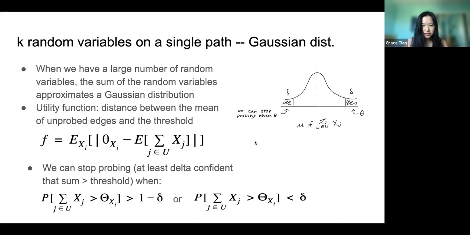So next we used the fact that when we have a large number of random variables, the sum of the random variables approximates a Gaussian distribution. For this, our utility function is the distance between the mean of the unprobed edges and the threshold. We can stop probing when we are at least delta confident that the sum is greater than the threshold.